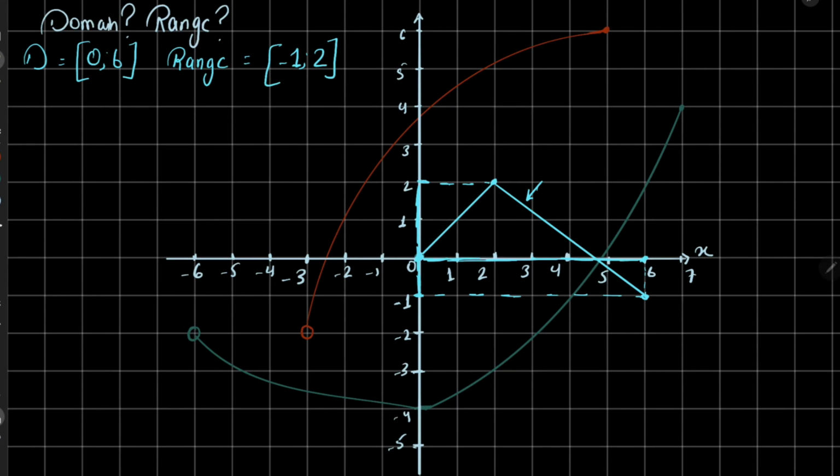Let's now find the domain of definition and the range of the red graph. The red graph is starting from -3, where -3 is not contained because it has this representation, and it ends on +5. So in order to find the domain of this graph, we have to project it on the x-axis.